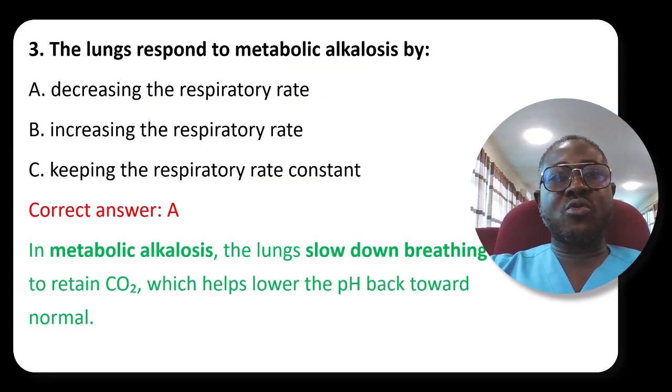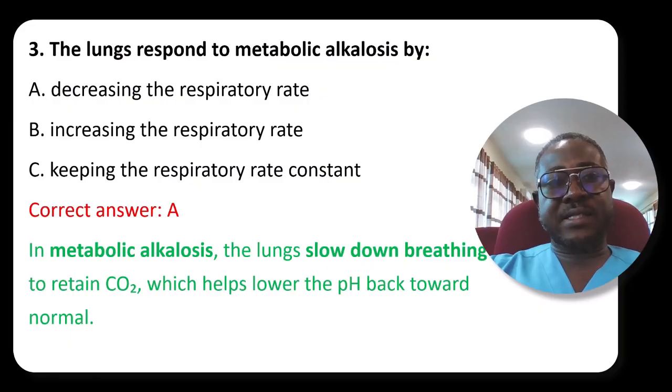So remember, anytime there's a metabolic acid-base imbalance, the lungs have to respond, and the buffer system can also respond. But when there is a respiratory acid-base imbalance, the renal system also has to respond, together with the buffer system.